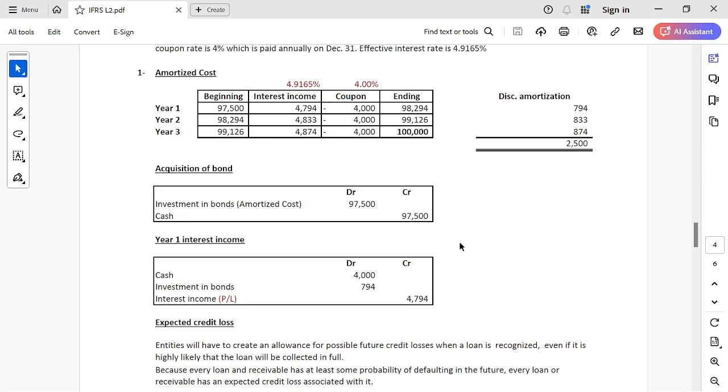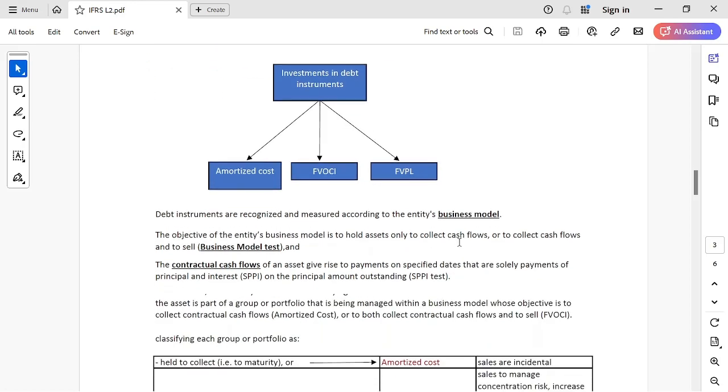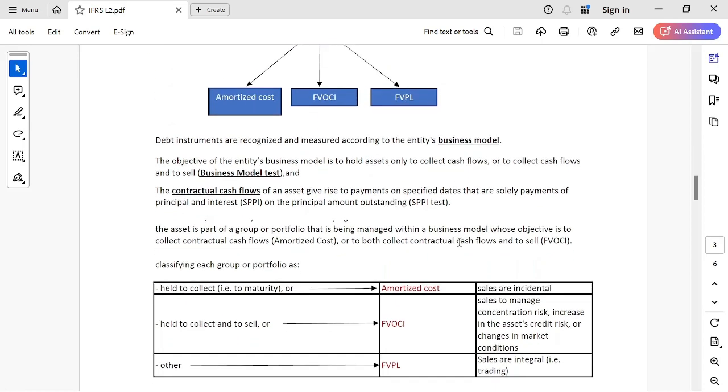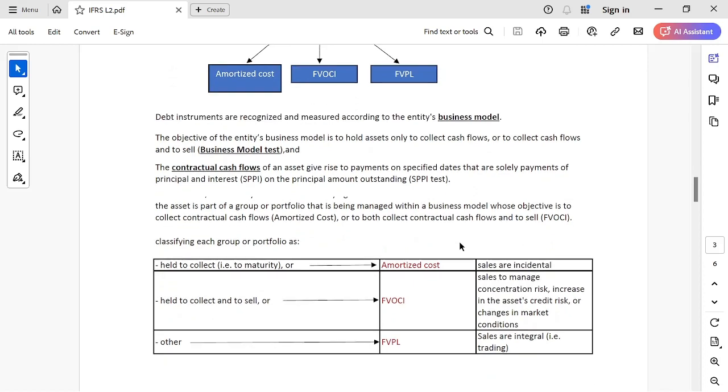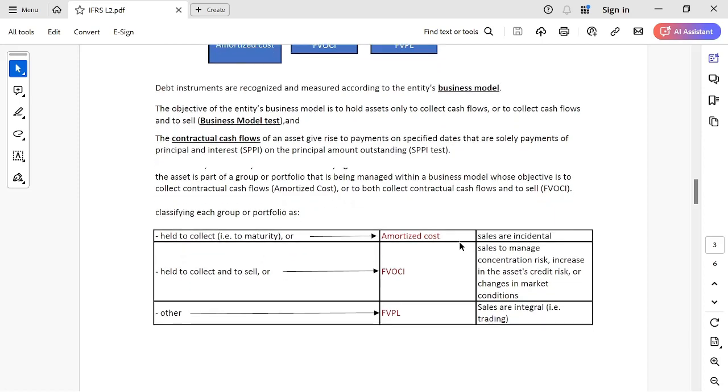So, as I mentioned before, when can we use the amortized cost? Let's look now at the verbiage. IFRS 9 says that the classification and measurement is based on what's called the business model. The business model is saying what is the aim of acquiring such debt instruments.